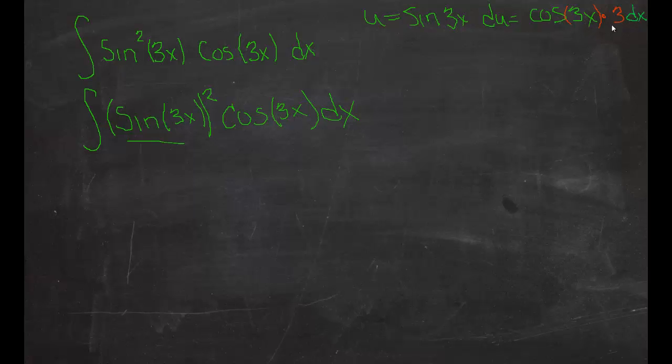So in order to get this to match here, we just simply divide by this 3 on each side of the equation. And so now they look exactly the same because these two cancel out. So what we'll basically do from there is just go ahead and substitute everything in.